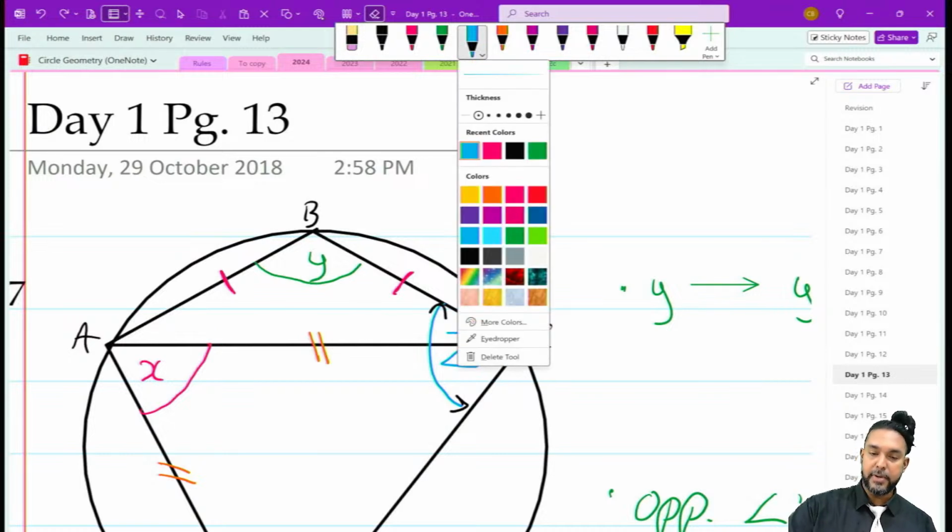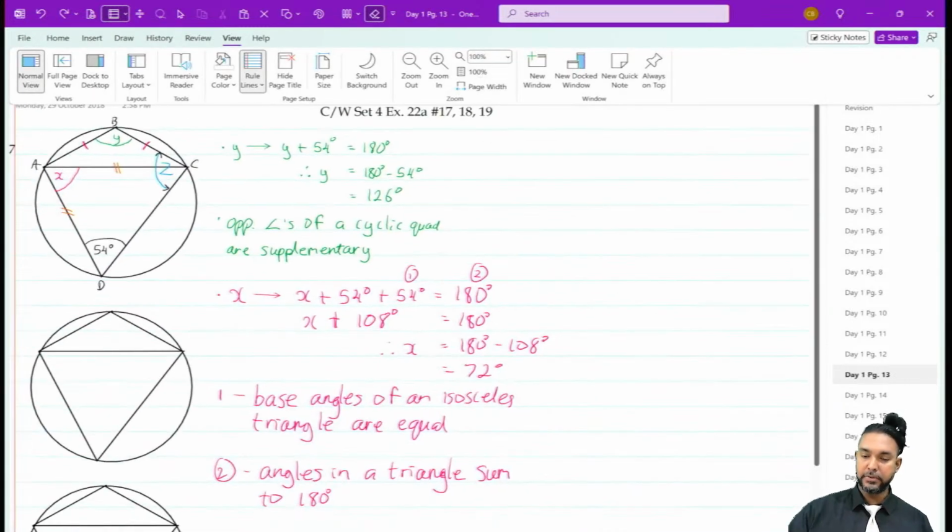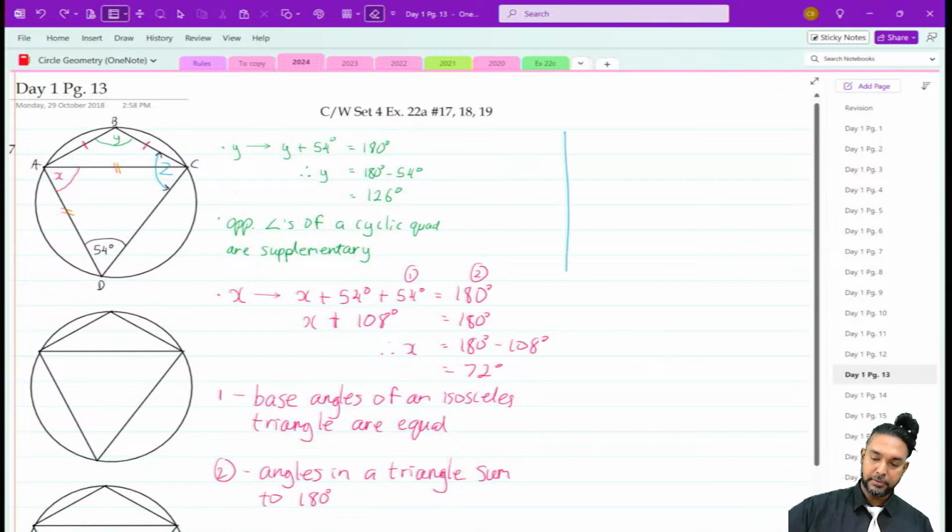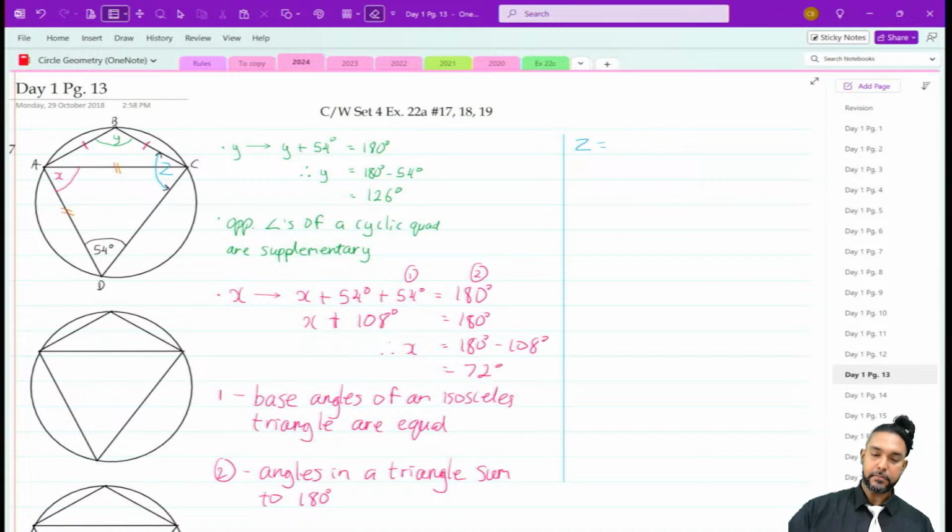Right. Let's go back to 100. So let's put the other line going there. For angle z, we could put it as 54 degrees plus 27. It's 27, and we could put a little 1 there as well, or if you want, you could put a little 3. And that's 81 degrees.